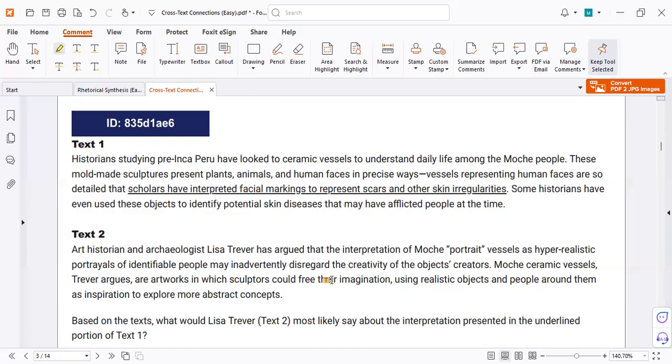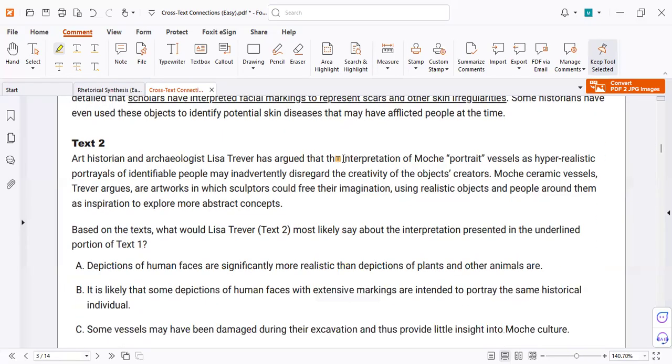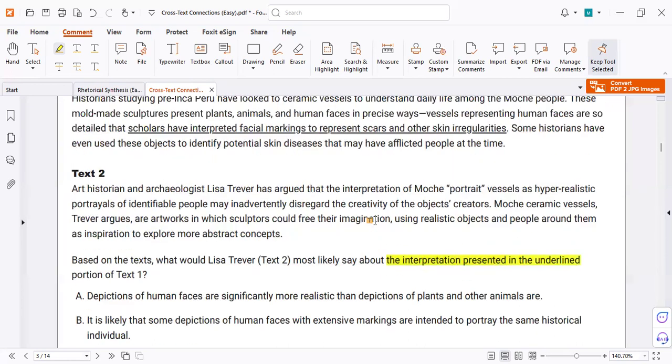It's B or C. You are confused. We need to make it clear. So text 2 mentions the interpretation and the underlined part only. What is the underlined information?